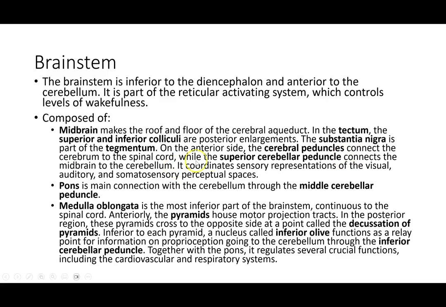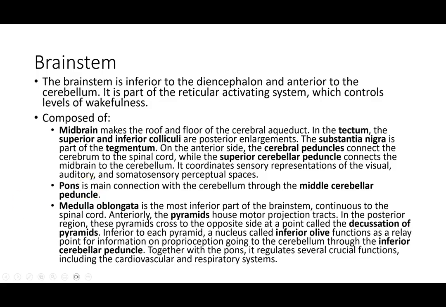Those are going to help coordinate sensory representations of visual, auditory, and somatosensory spaces. This is really a fancy way of saying that this is coordinating how we are perceiving the different information coming from our eyes, ears, and then skin and touch and stuff like that.